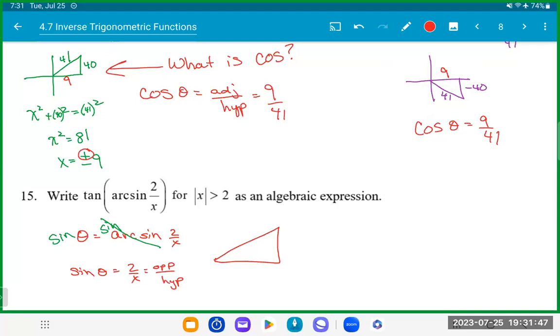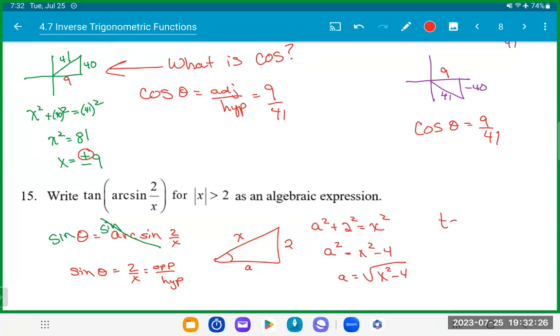If we look at it in a right triangle, it's our opposite over our hypotenuse. Let's call this side a. So we're going to have a squared plus 2 squared equals x squared. So a squared equals x squared minus 4. So a equals the square root of x squared minus 4.